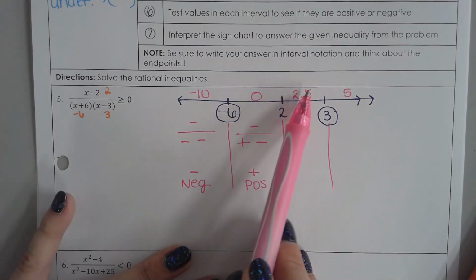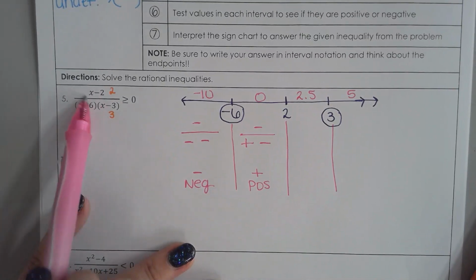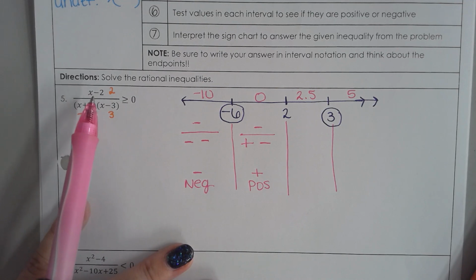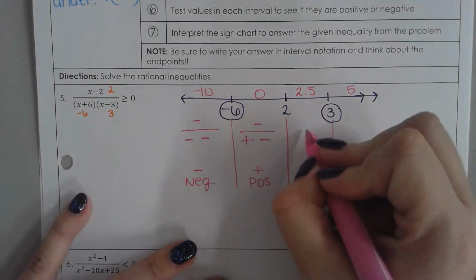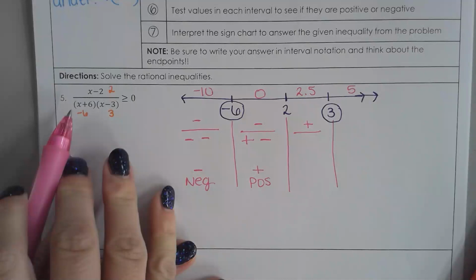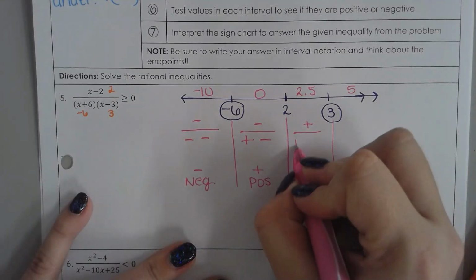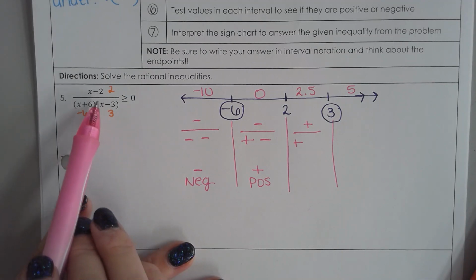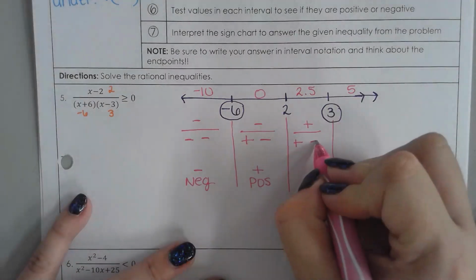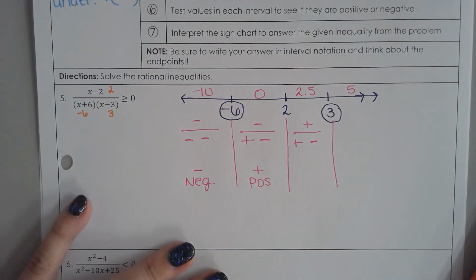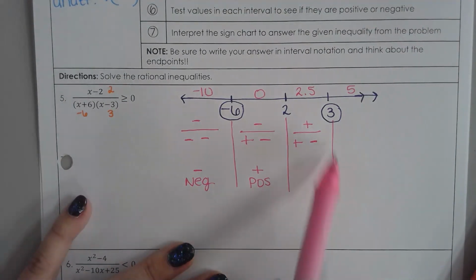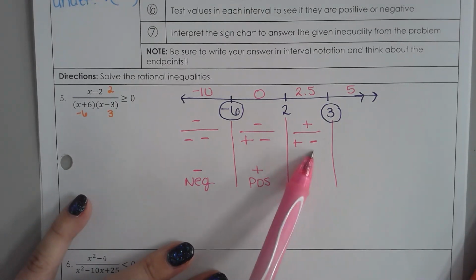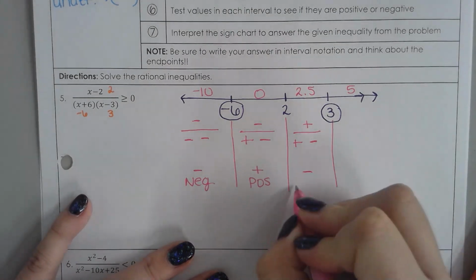If I plug in 2.5, 2.5 minus 2 is still positive 0.5. 2.5 plus 6 is positive. 2.5 minus 3 would be negative 0.5. So a positive number divided by a negative number is negative.